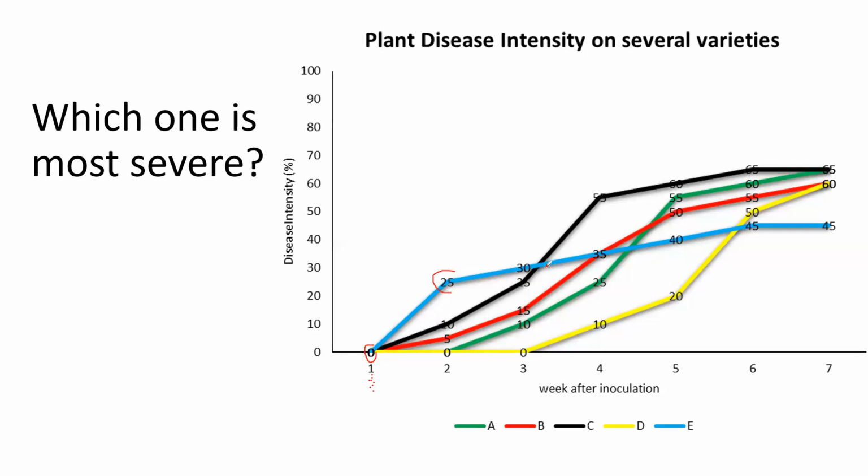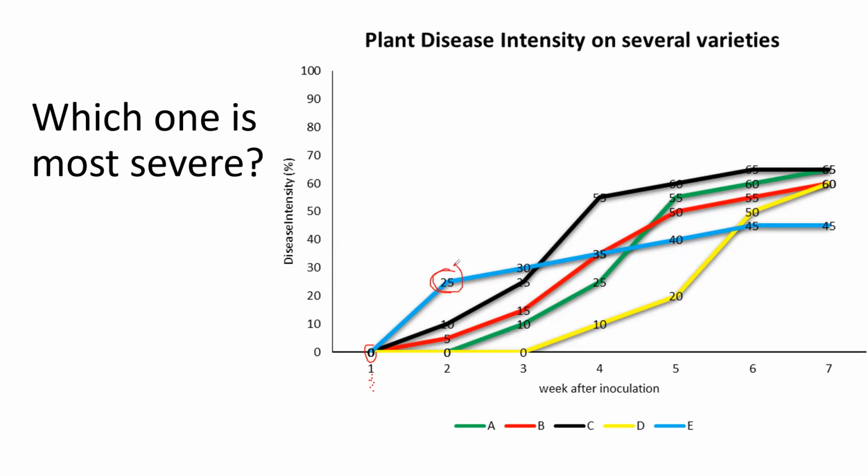Now here we have some problem. Please look at this picture. When I ask you which color has the highest disease intensity in the 2 weeks after inoculation, maybe you can answer that it is the blue line.